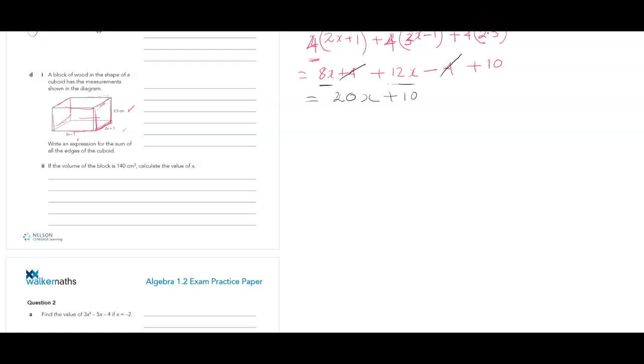Alright, let me check after I pause. I want to make sure it's right. Okay, so good. 20x plus 10 seems to be alright. Point it out if I made a mistake, and I'll do the correction later on. So this is the expression for the sum of all the edges of the cuboid.